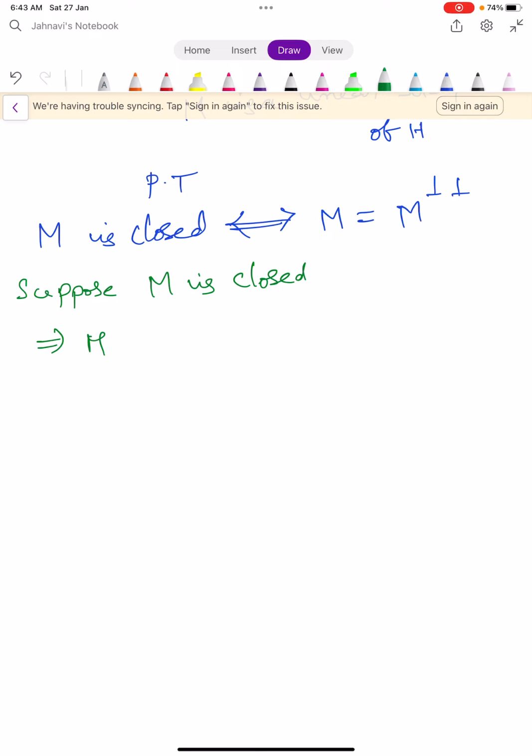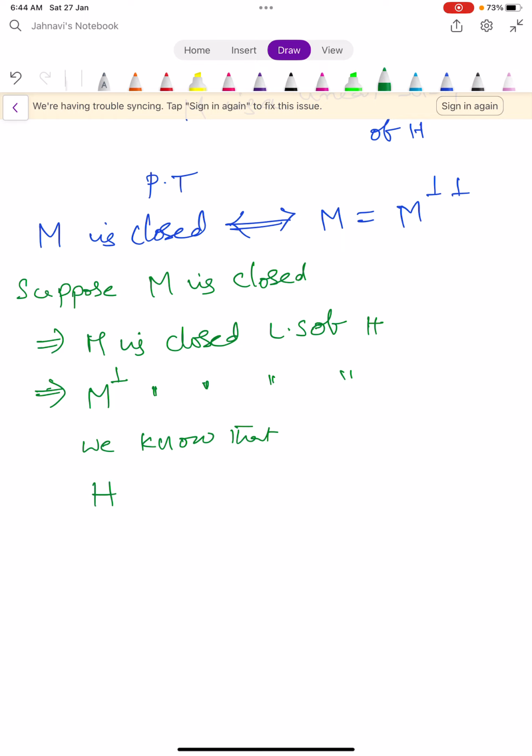It means capital M is a closed linear subspace of capital H. If M is a closed linear subspace, then M perpendicular is also a closed linear subspace of capital H. By the previous theorem we know that H is the direct sum of M and its perpendicular M perpendicular. So let it be equation number 1.